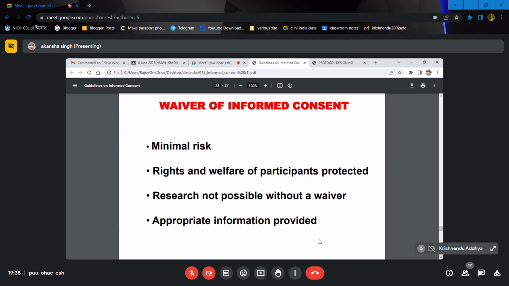If there is no alternate method of therapy or treatment and we want to save the patient, then we can waive off the informed consent process.